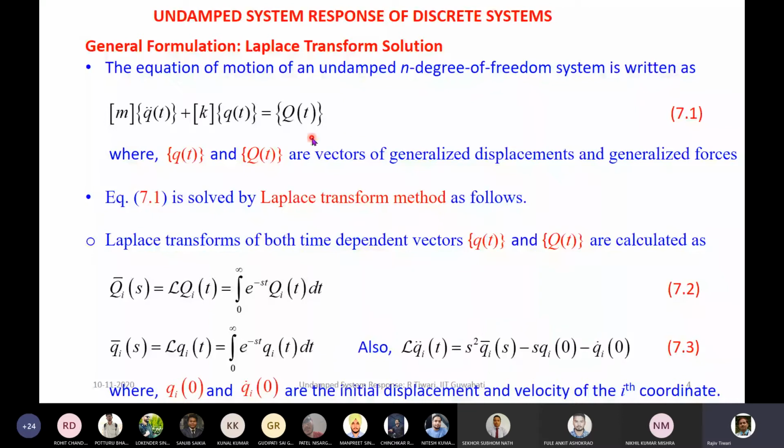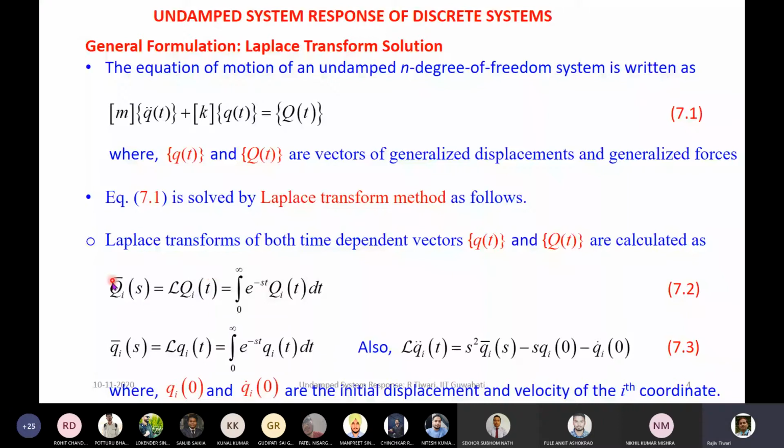Here the Laplace transform method is explained. If we do the Laplace transform of this, there are various terms, like the Laplace transform of the force. This is the force, and this is the Laplace transform definition, and this L represents that we are applying the Laplace transform to this quantity, and this is the transformed force.